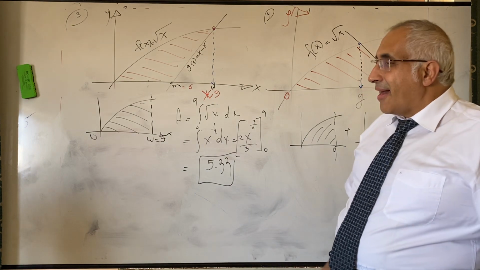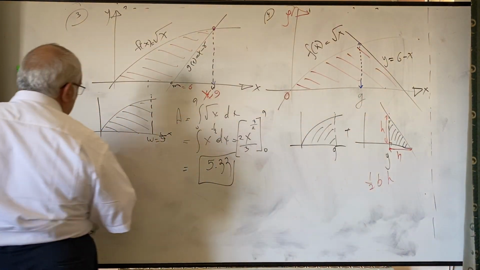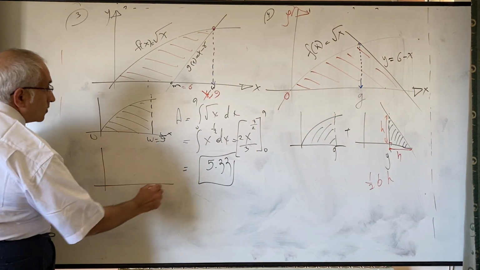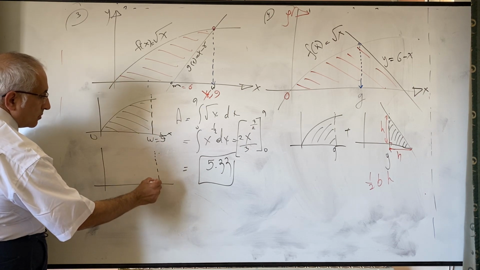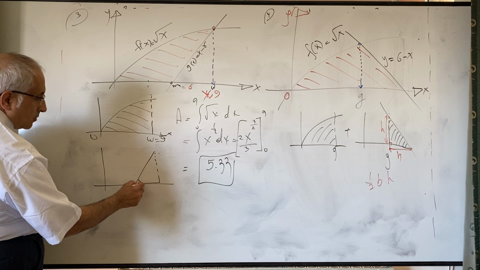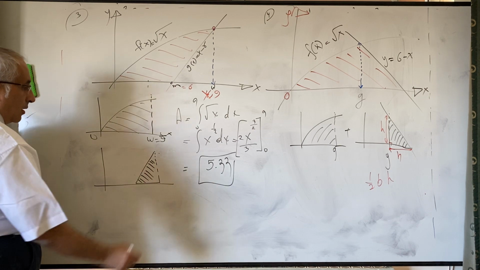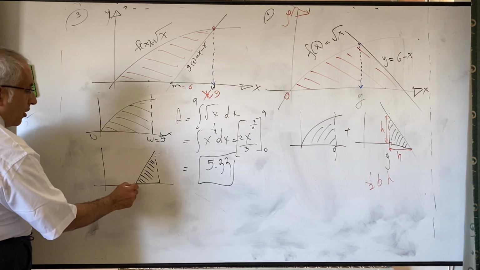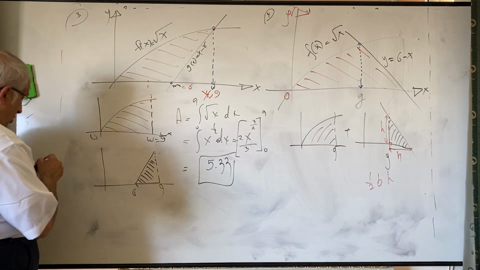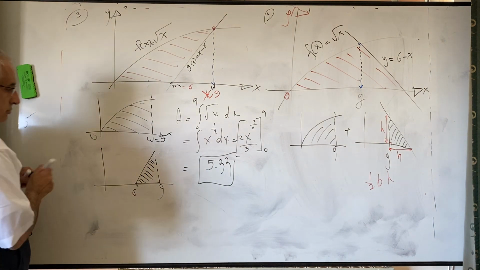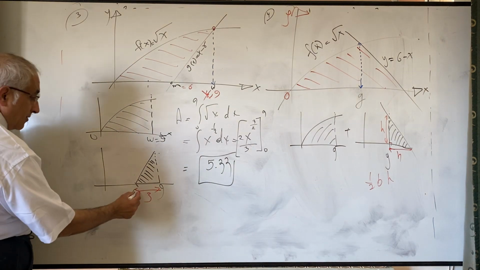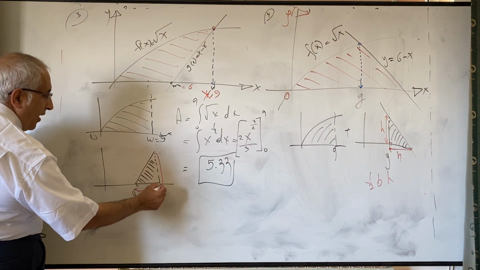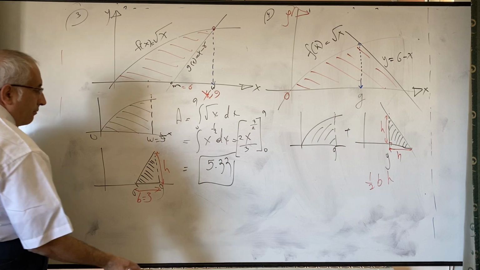But how about this area? Think about it. You are going from 6 to 9. So what is the length of the base? Exactly 3. You're right. What is the length of the height? I don't know.